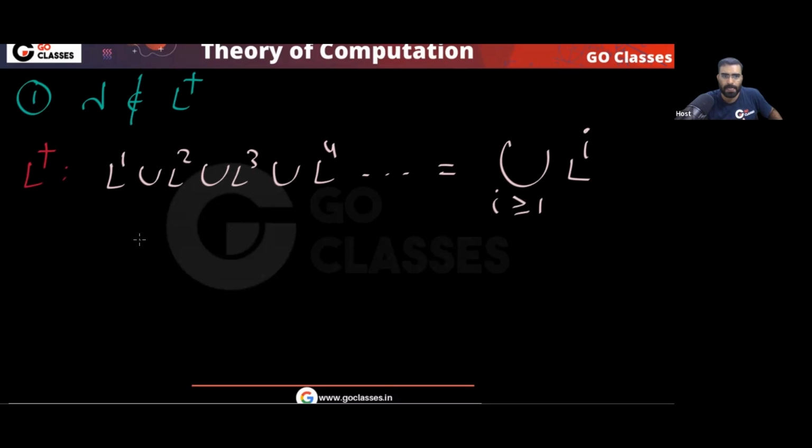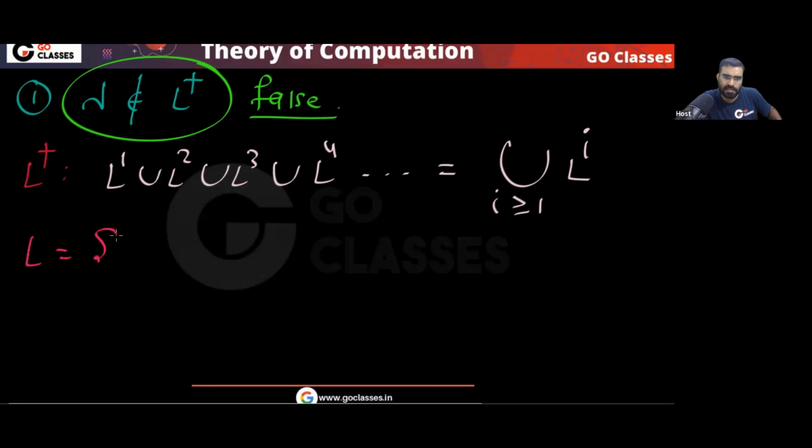Now can you give me a counter example such that this statement is false? Yes, you can easily notice that if I give you, consider this language: lambda, a.